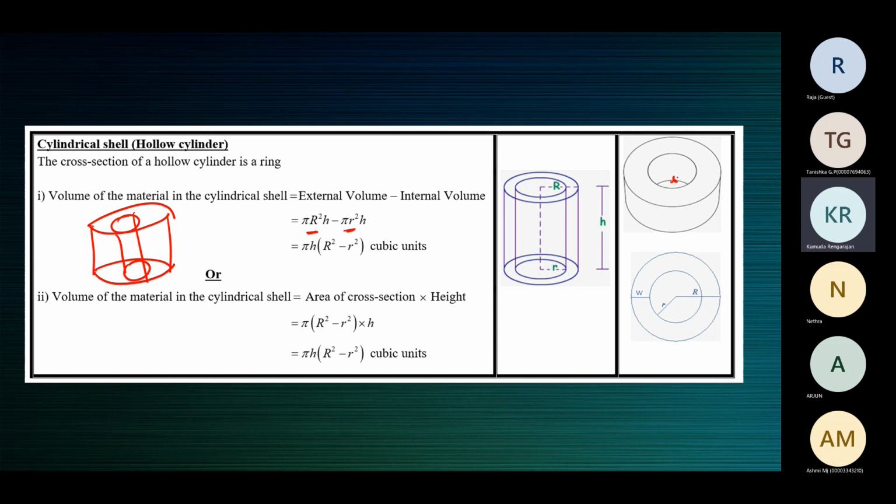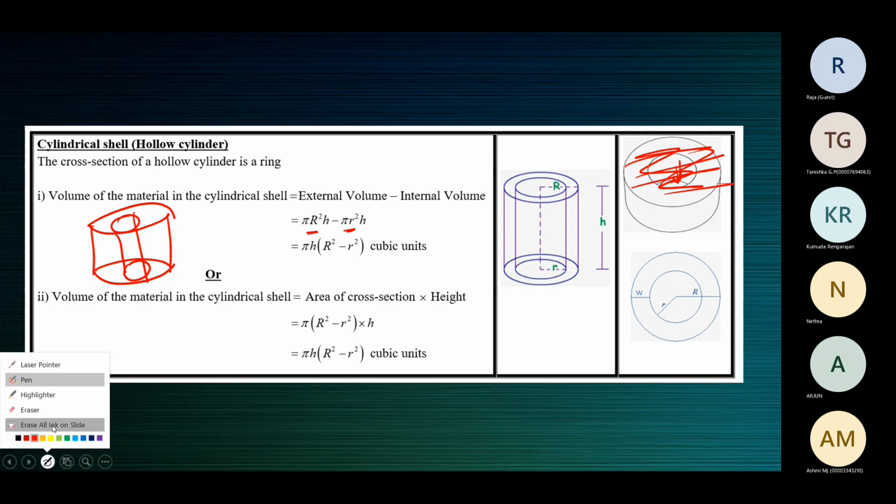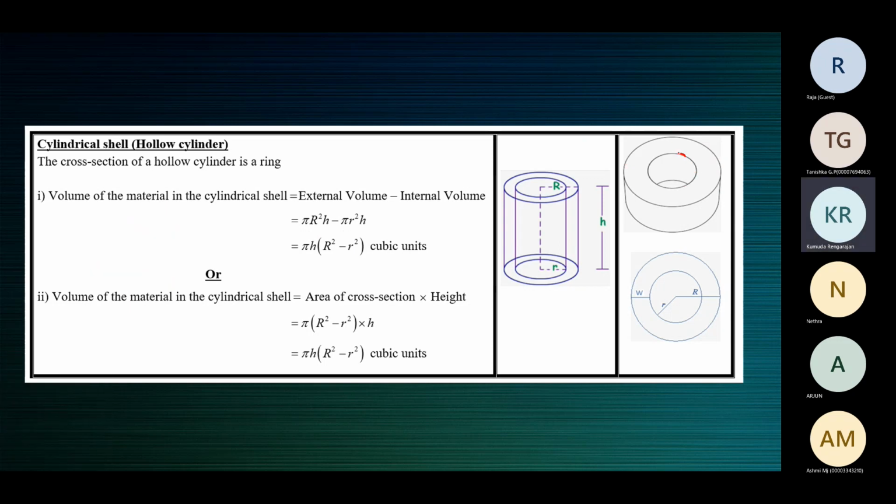That's why this portion is empty. It's as if this were completely solid earlier, and from that you've drilled out a cylinder from the middle. That's how you can understand this hollow cylinder.